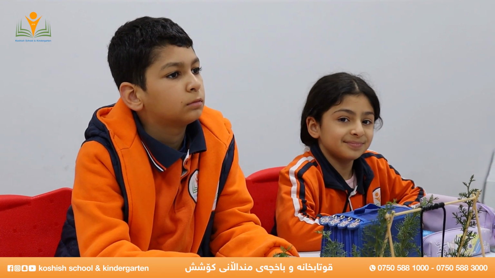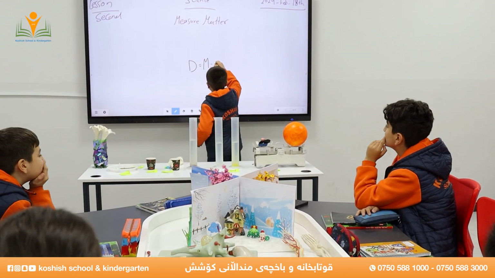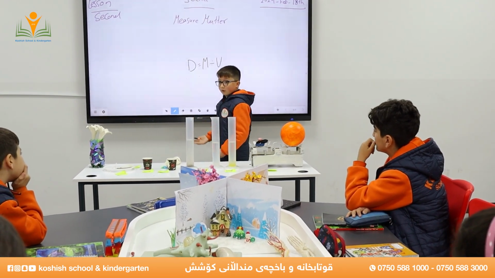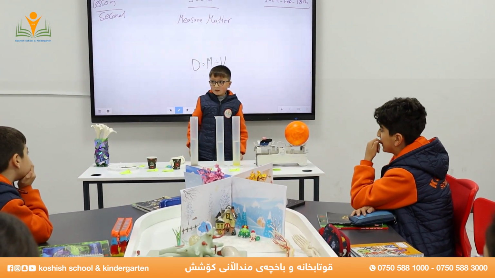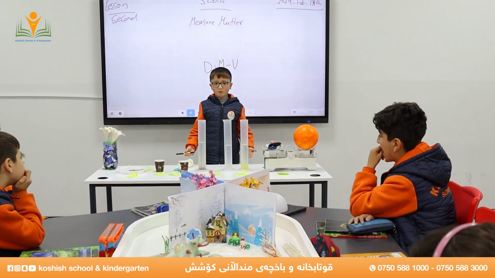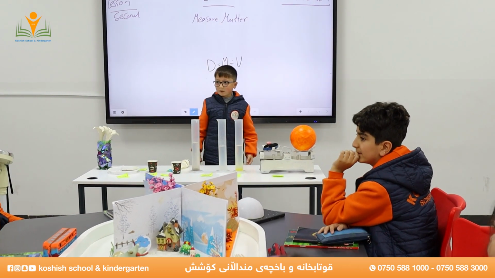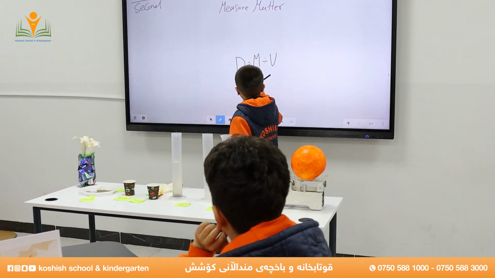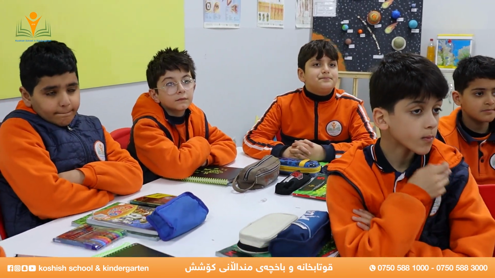D equals mass divided by volume. Density is the amount of matter in a certain volume that we can measure. But density equals mass divided by volume.